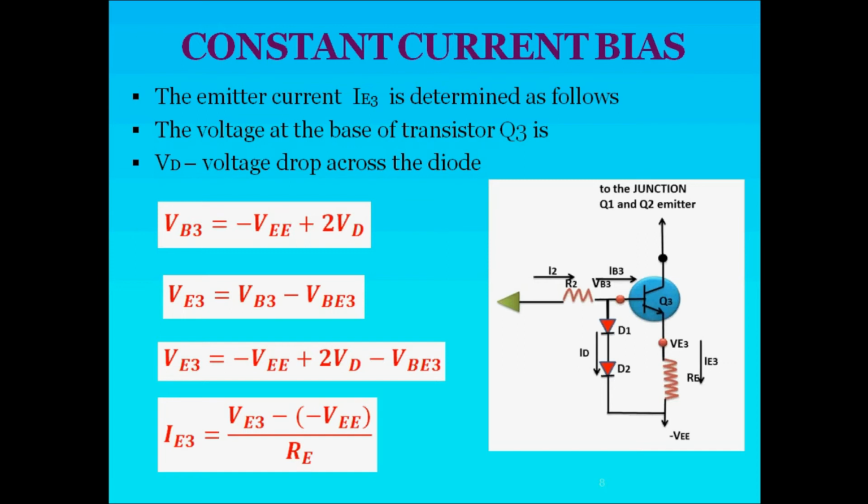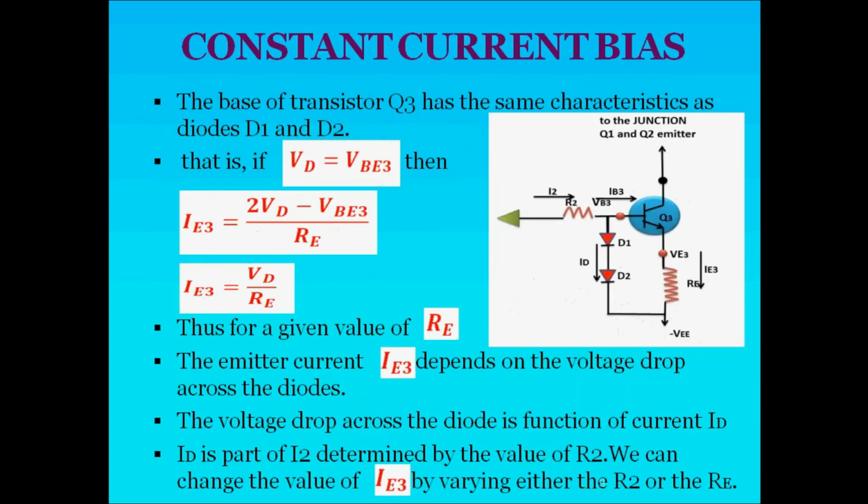Hence, we have to find out the current flowing through this emitter resistor RE. IE3 is equal to the voltage at this point minus this voltage divided by the resistor. That is VE3 minus minus VEE, divided by RE. And now we are going to substitute the value of VE3 into this equation.